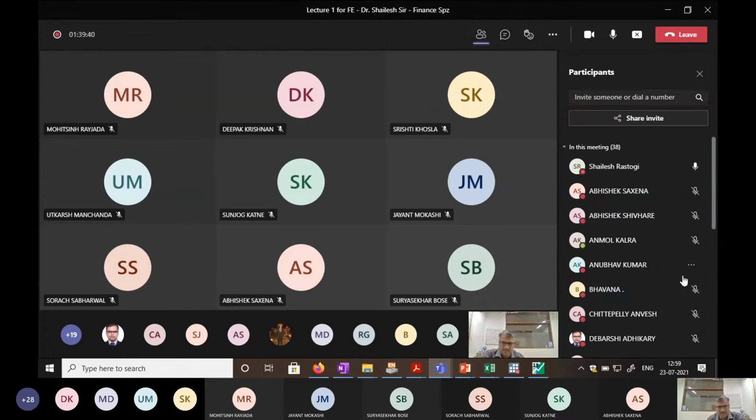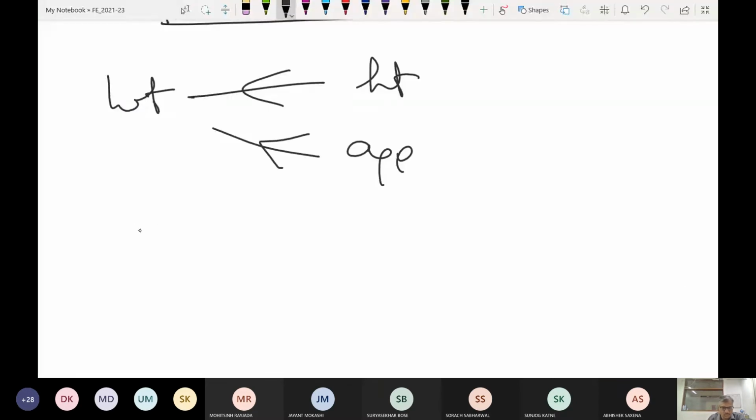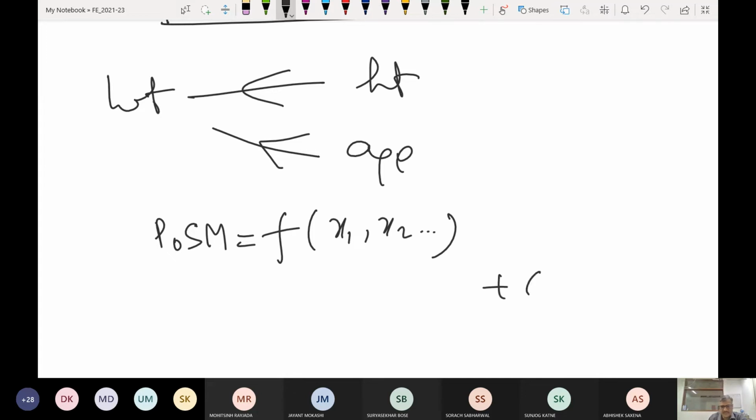But as I gave you the example of a movie, how to make a successful movie: having the probability of a successful movie, you have different variables. When you run this model, you'll always find some type of error. So there can't be a perfect model.